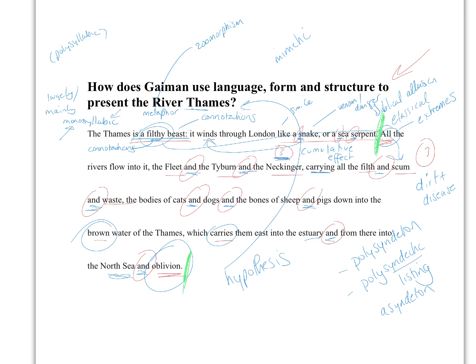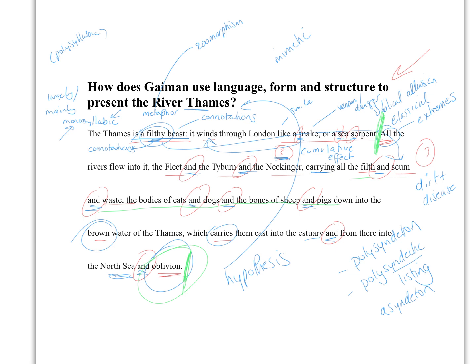So far, I've focused on the fact that this is a river which is horrible and dirty and polluted and dangerous. But I stop and ask myself, what would happen to all of this filth and scum and waste and these corpses and bits of animals if the river didn't take them out of London? Well, London would be festering in them and becoming diseased.